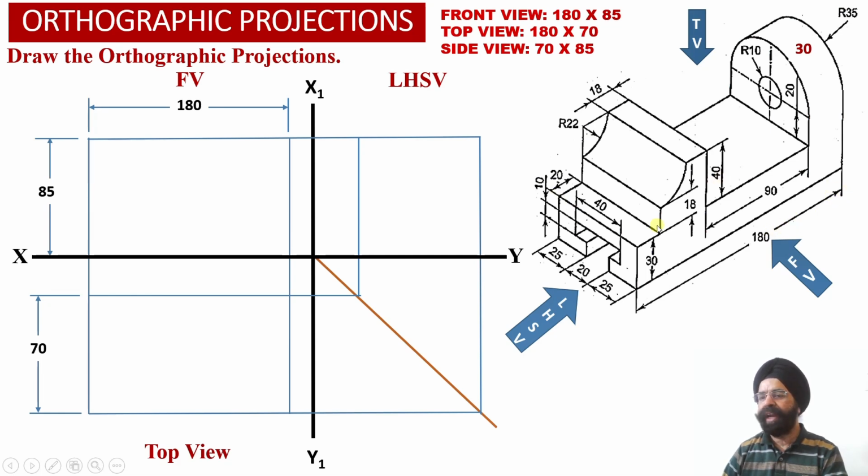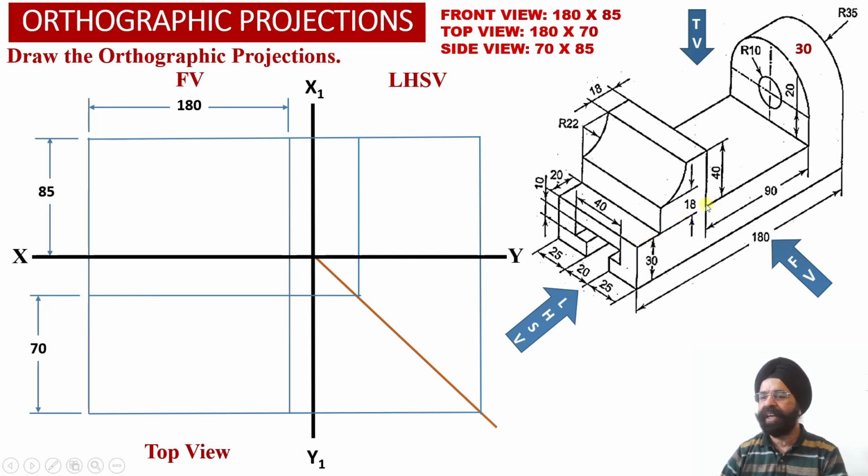So let us evaluate the distance of this point from the left hand side face of the solid. This distance is 20 millimeter. This distance happens to be 22 millimeter, that is equal to the radius of the arc. This distance has been provided to us as 18 millimeter. So the total distance of this vertical surface from the left hand side face of the solid is equal to 60 millimeter.